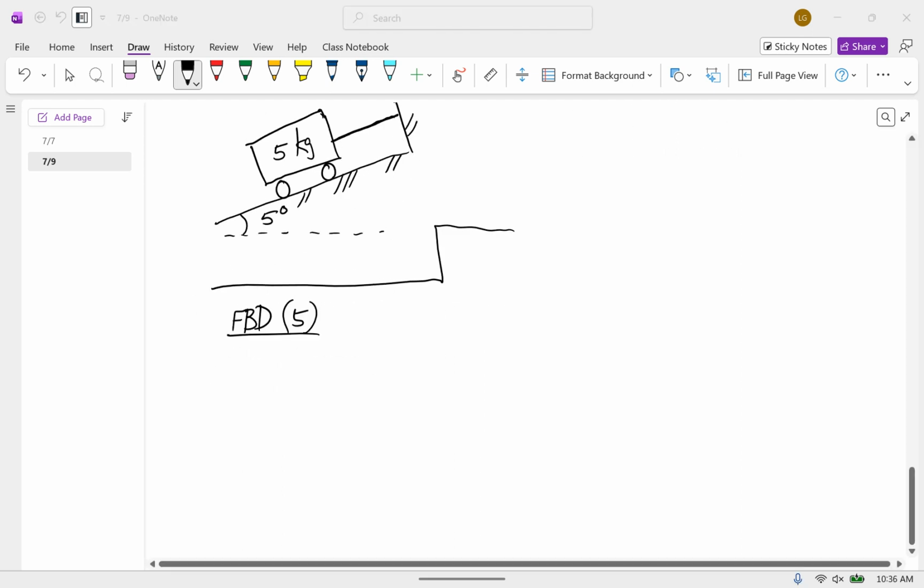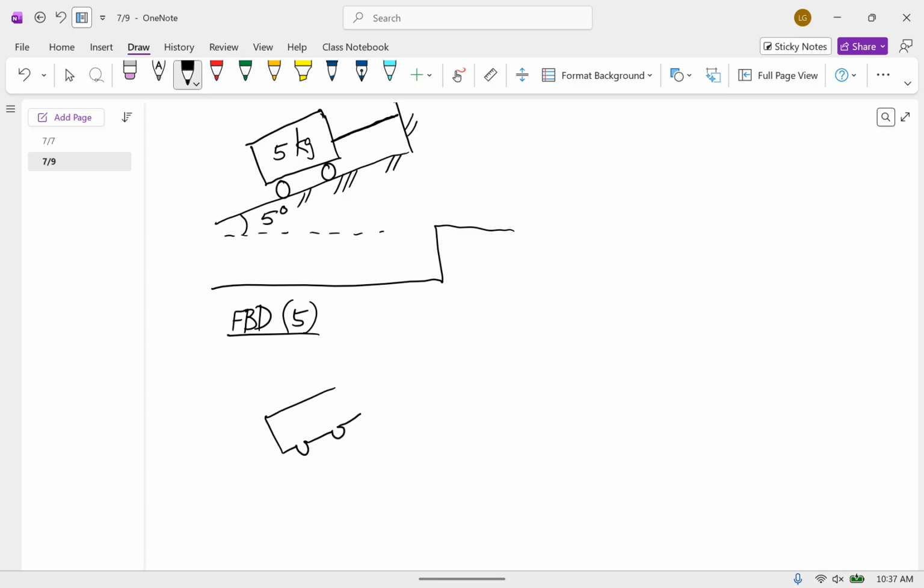Okay, so I'm going to draw the closed outline. There's a weight force down that's equal to 5 times 9.81, so that's 49.05. And now I'm going to go around the boundary.